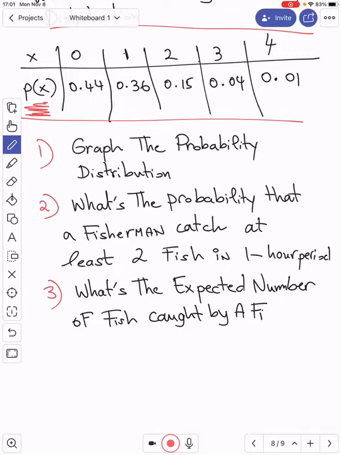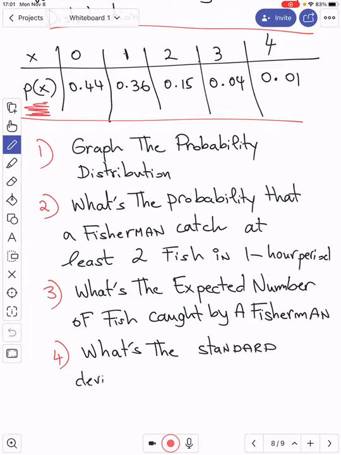By fishermen, of course. Right, and then four, what's the standard deviation of this probability distribution? This distribution.